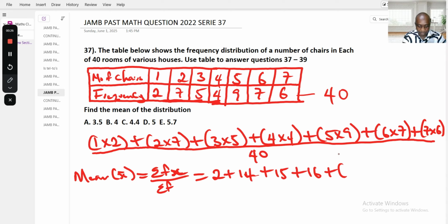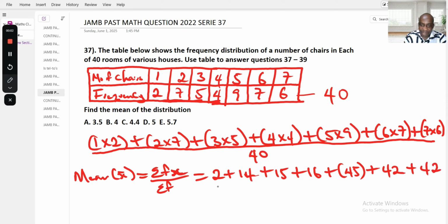Let me confirm. 9 times 5 is 45. Yes, I got it, 45. Now 6 multiplied by 7 is going to give us 42. And this one the same thing. 7 times 6 is the same thing, 42.